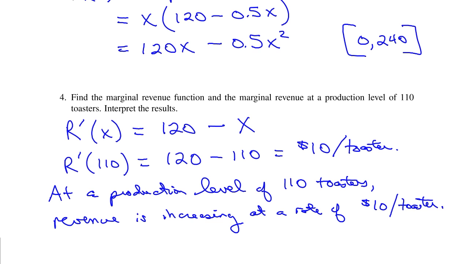So a couple of things. In order to correctly interpret these results, you need to state what the production level is, so 110 toasters, and that revenue is increasing, not marginal revenue is increasing. Marginal revenue is how the revenue is changing, and so the revenue is what's increasing at a rate of $10 per toaster, not marginal revenue.